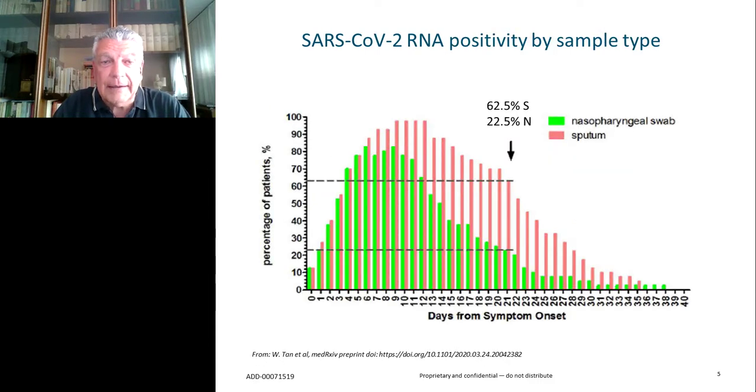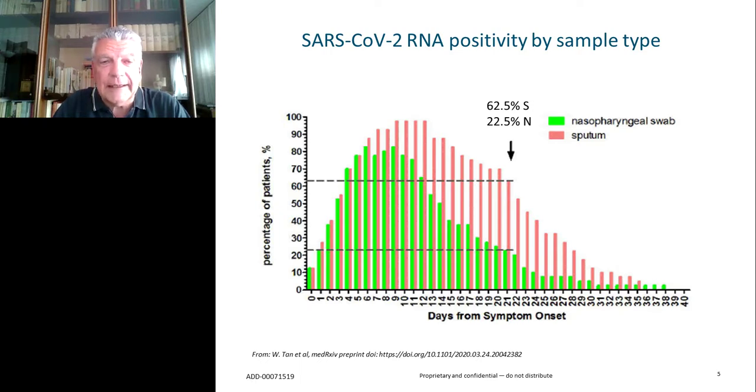Well, the further you go over the course of the infection or disease, the less likely it is to have a positive result, especially if you are taking samples by nasopharyngeal swabs, as is usually done. In this experience you see here, up to almost 6 weeks after the onset of symptoms, the likelihood of having a positive result after 3 weeks is very low if you're taking samples from the upper respiratory tract.